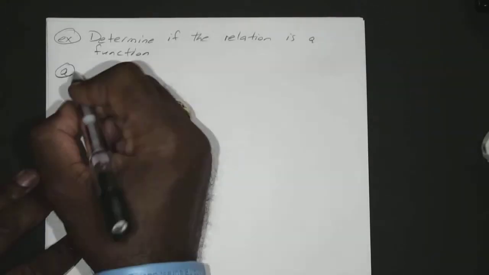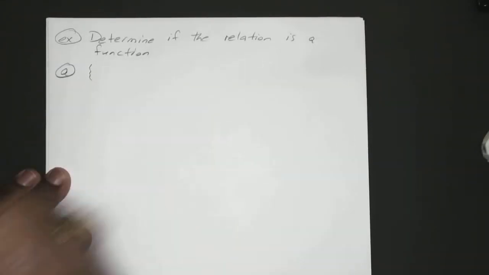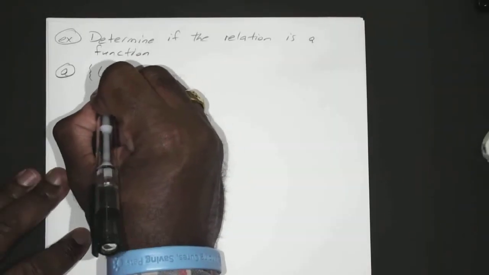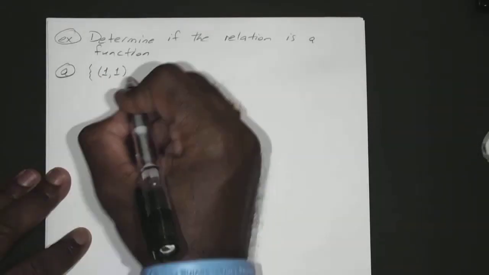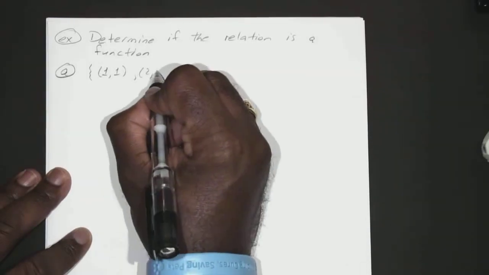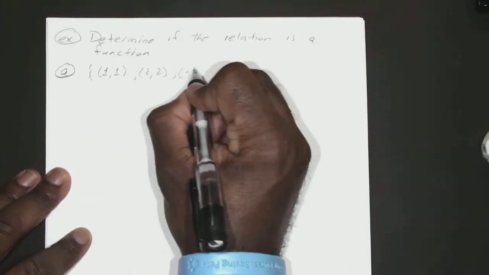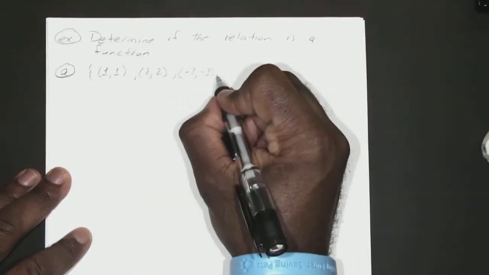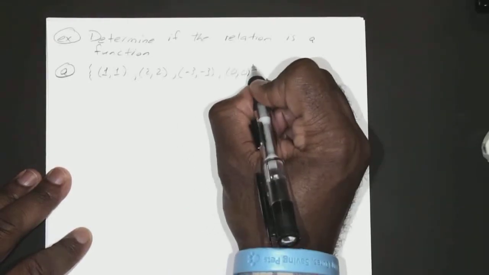Let's say for A, we have (1, 1), (2, 2), (-3, -3), and (0, 0).